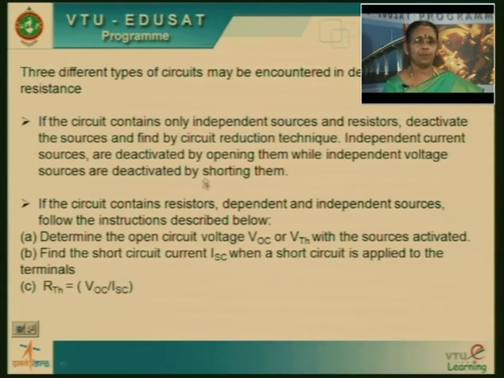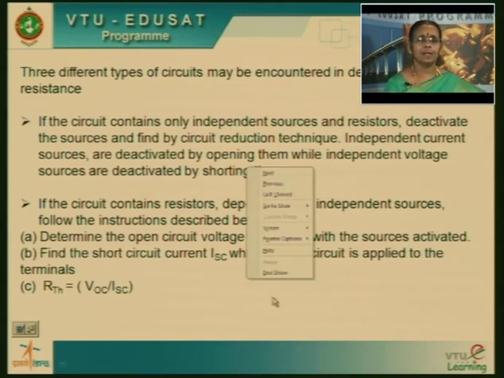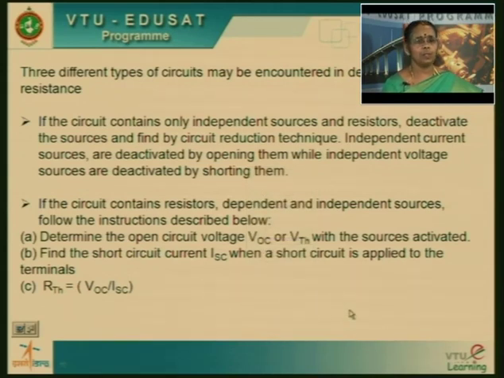So in case we have to find out the current or the voltage through any element, and in that circuit we have both dependent and independent sources, in such cases you have to open the load resistance and then find out the open circuit voltage or the Thevenin's equivalent voltage at the open circuited terminals.